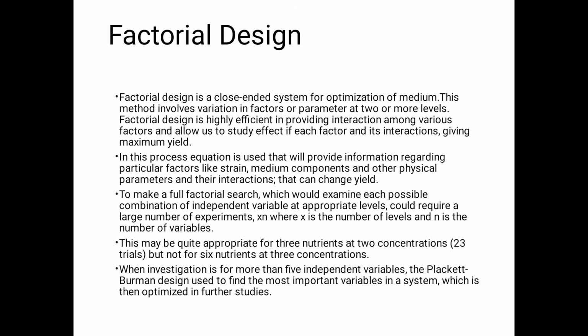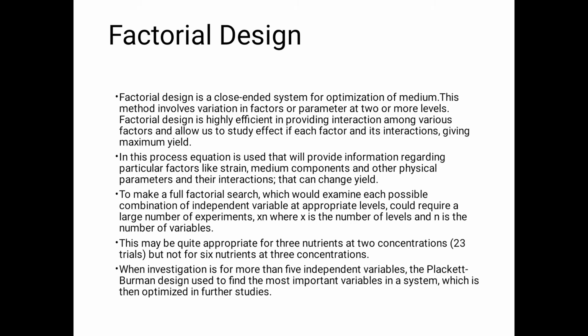Here you'll use an equation, and that is used to provide information regarding the factors like strain or medium components or other physical parameters like temperature, pressure, etc., and also their interactions. We are studying how these interactions are changing the yield of the product. To make a full factorial search, which would examine each possible combination of independent variables at appropriate levels, would require a large number of experiments.